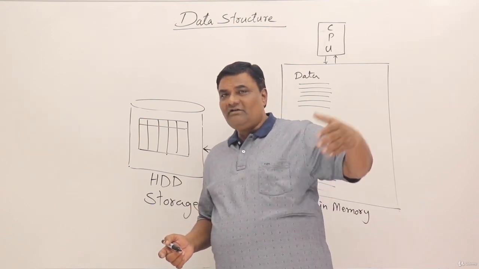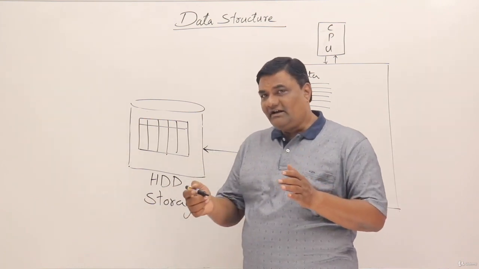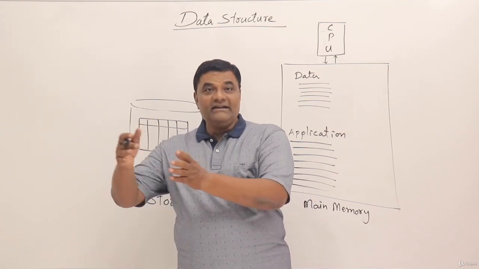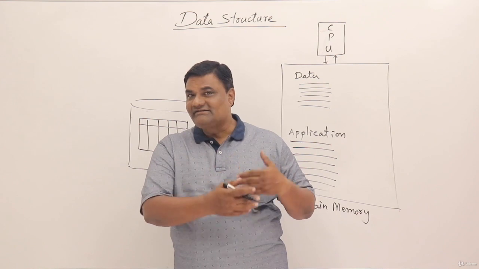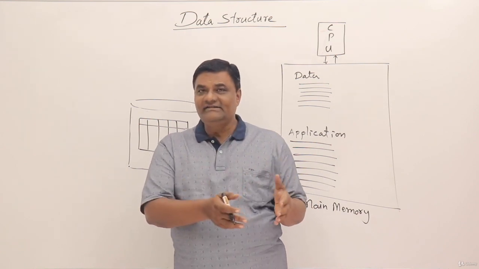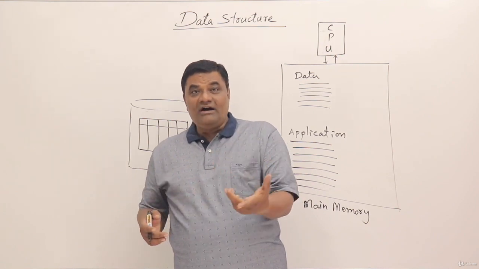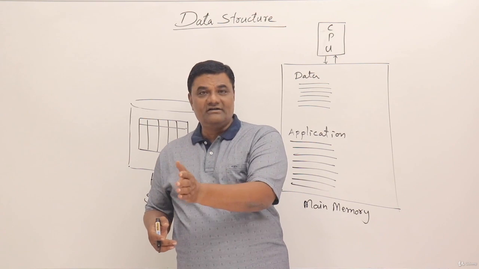Like 1 year old data or 10-year old data that may not be used now. So commercial data can be categorized into two, that is operational data or legacy data, old data. Operational data is used daily, and legacy data can be kept as storage somewhere. If required, we can fetch that data and use it. Or you can say historical data.